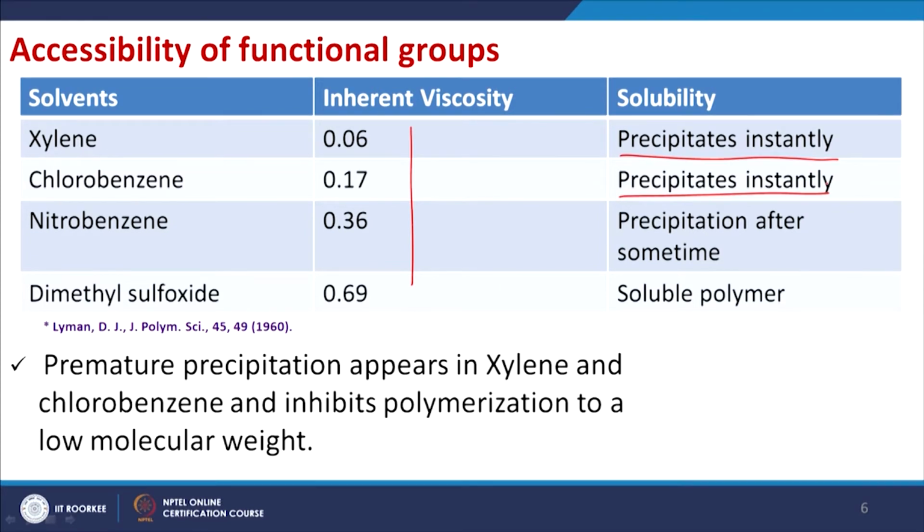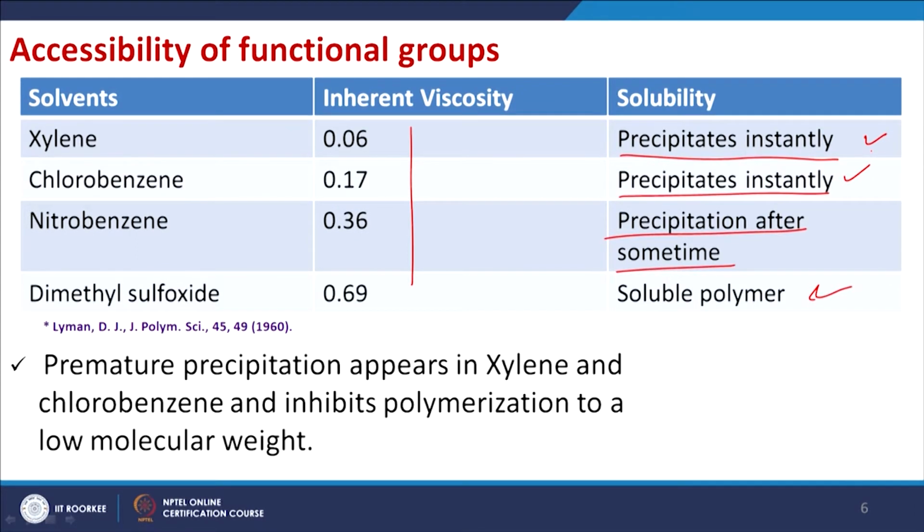If we use nitrobenzene, the precipitation takes place after some time, and in dimethyl sulfoxide the entire polymer is soluble. So premature precipitation appears in xylene and chlorobenzene, and inhibits the polymerization to a low molecular weight.